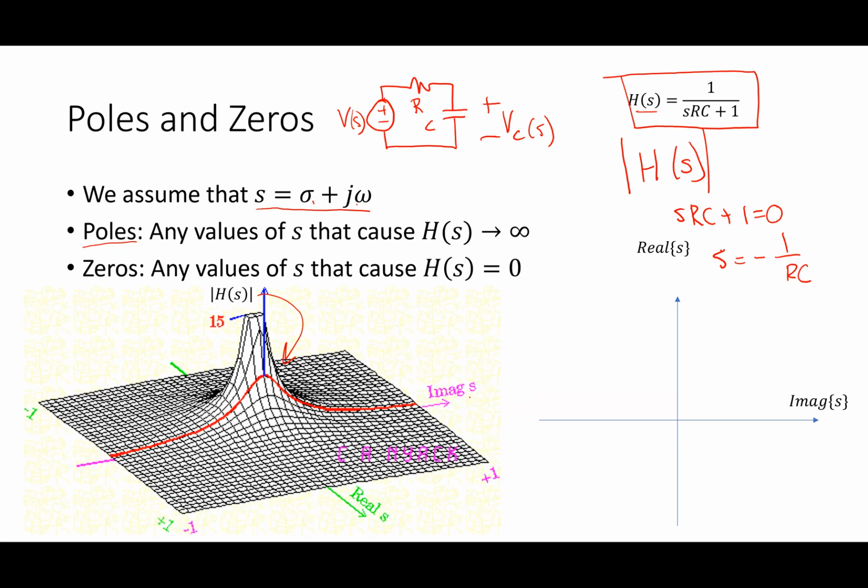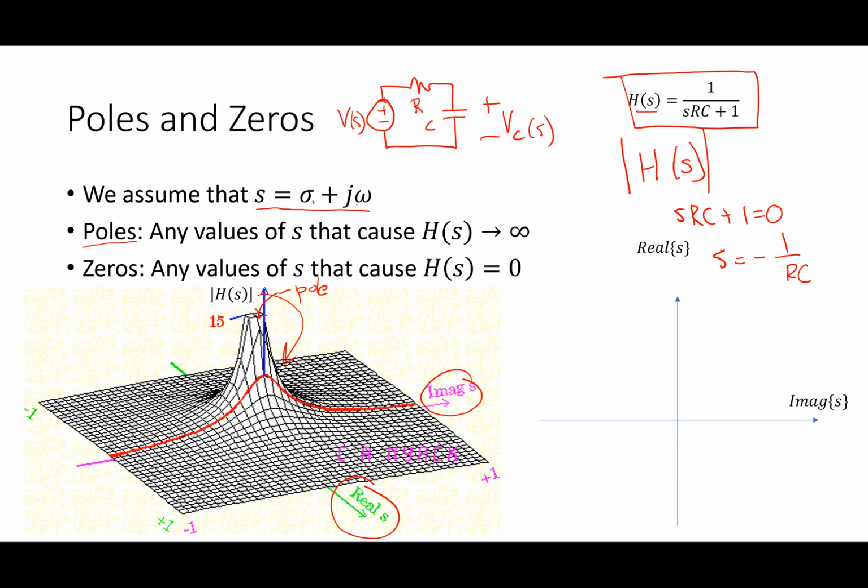So what you see here is the imaginary part of s, here's the real part of s, okay? And then the magnitude is plotted on the z-axis here. So this is the point that is the pole. What it kind of looks like is that this function has a pole and somebody dropped a little tent on top of that pole, right?